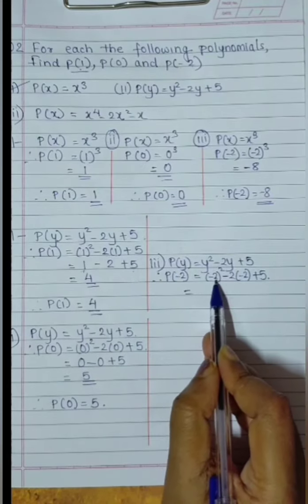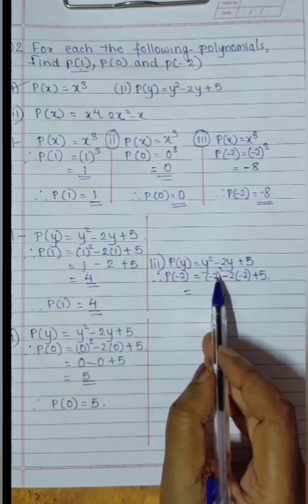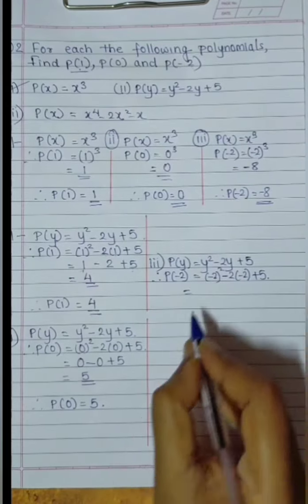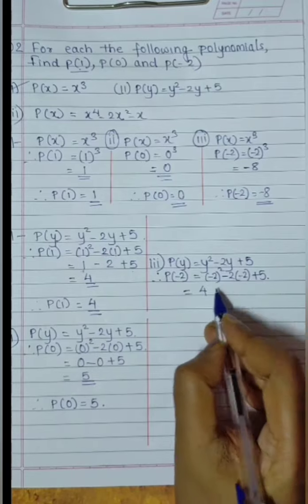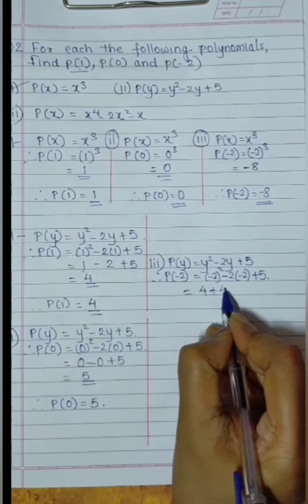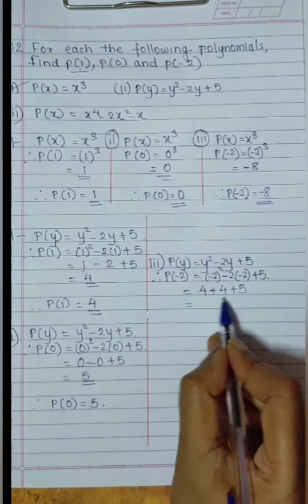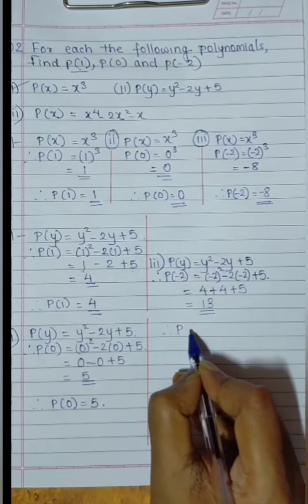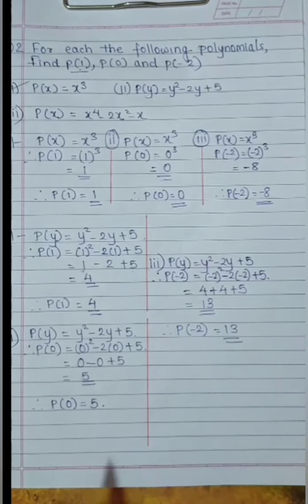Here minus 2 square, minus times minus will become plus, so we'll get 4. Again minus times minus is plus, then 4 plus 4 plus 5. Now here we'll get 13. Therefore p(minus 2) is equal to 13. We have solved question number 2.